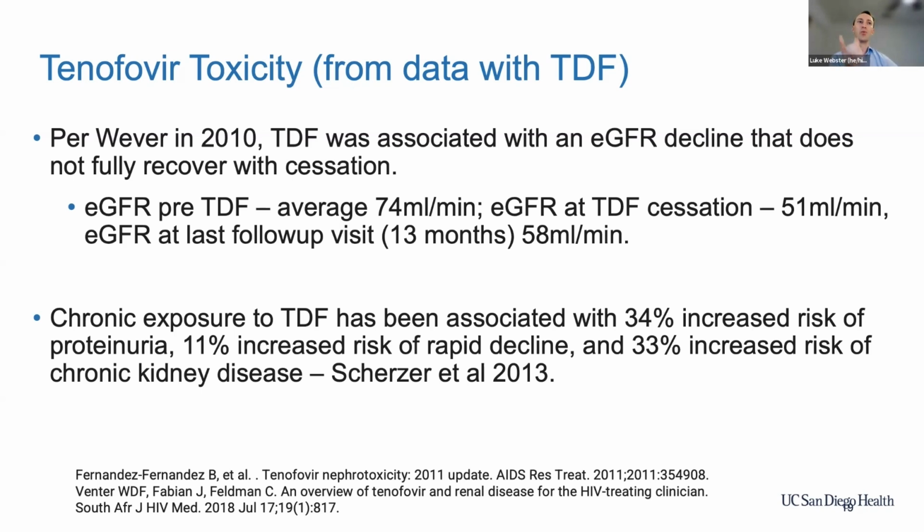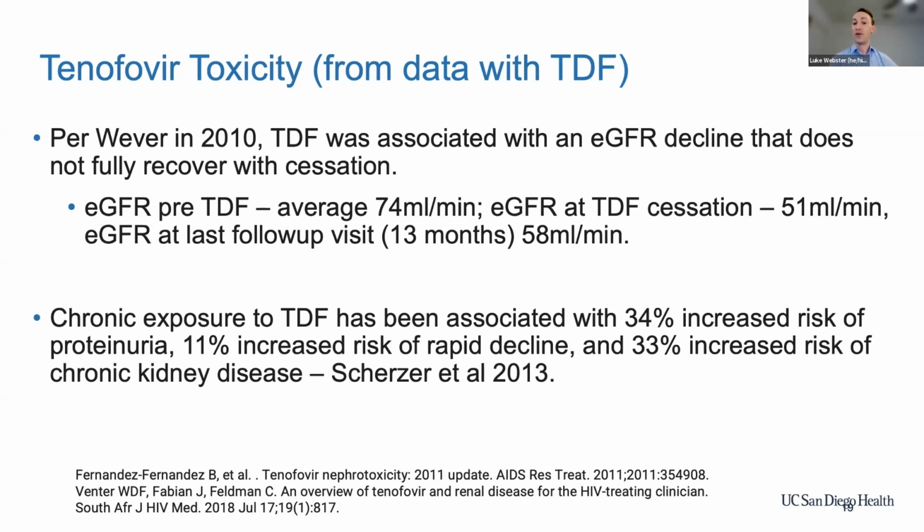And so there's this one study that was done back in 2010 that really showed that patients had an average GFR of 74 milliliters per minute before TDF. At the end of being taken off TDF, that dropped to about 51 milliliters per minute. So if you remember, that's like going from a CKD stage 2 or perhaps no CKD at all based on the computer system that was used to now CKD stage 3A.